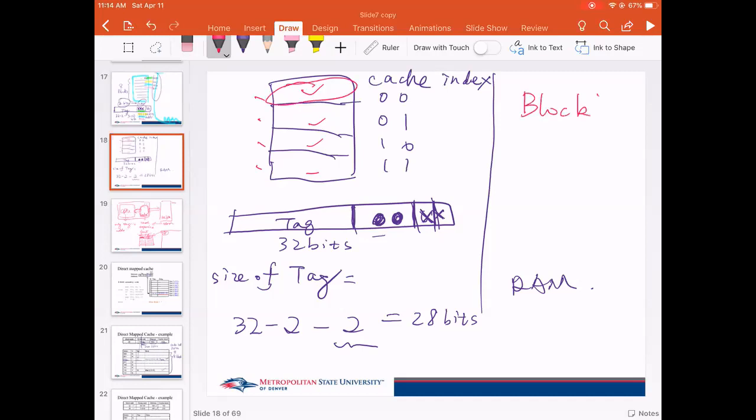Remember the general concept we introduced last time: the most common size for a block is 1 word. So you have a term called block size, which means how big one unit inside your cache is, and how many blocks you have. You could have 4 blocks, you could have 8 blocks, right?